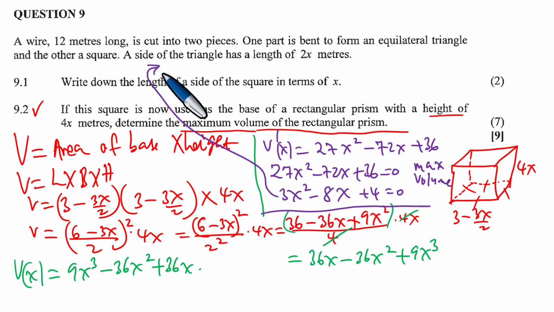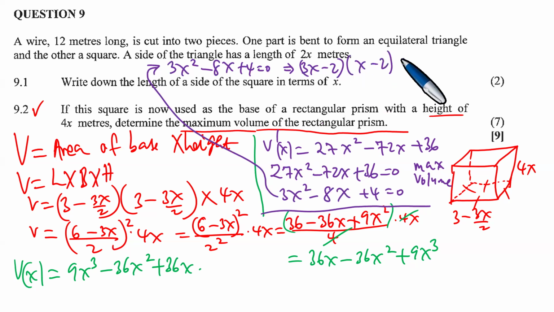So this is what we have. So then we have 3x squared minus 8x plus 4 equals 0. So you have (3x minus 2) and then (x minus 2) as the algebraic factors. At this point, we're able to observe that x is 2/3 or x equals 2.